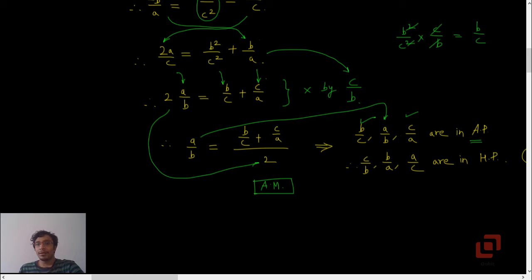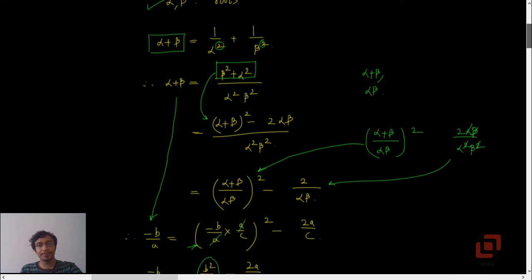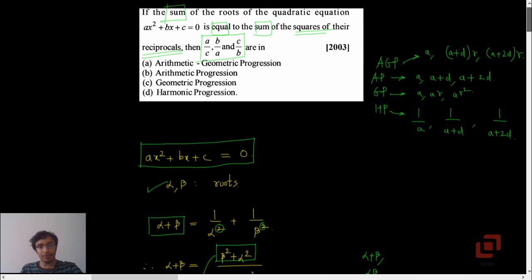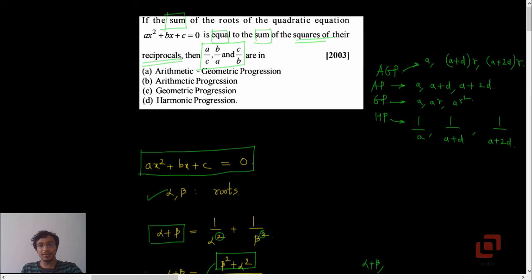In the excitement of the solution we tend to mark the incorrect one, but b by c, a upon b, and c upon a are not the fractions given in the problem. What we have is their reciprocals. We have c upon b and not b upon c. We have b upon a and not a upon b, and we have a upon c and not c upon a.